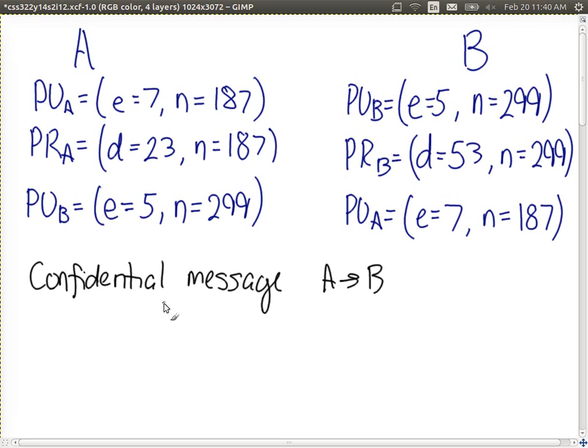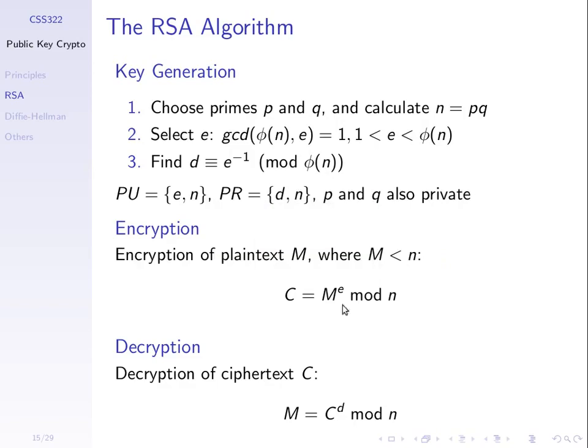Now, again, in practice, our message needs to be converted into an integer. There are some conditions. But let's say we want to send the message from A to B, and that message M is 15. So, our encryption algorithm now.